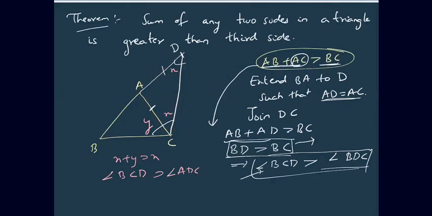So then we are done, because since this angle is more compared to this angle, I can say that the side BD is greater than the side BC. But BD is in turn BA plus AD, and AD is equal to AC. So we have proved that BA plus AC is greater than BC.